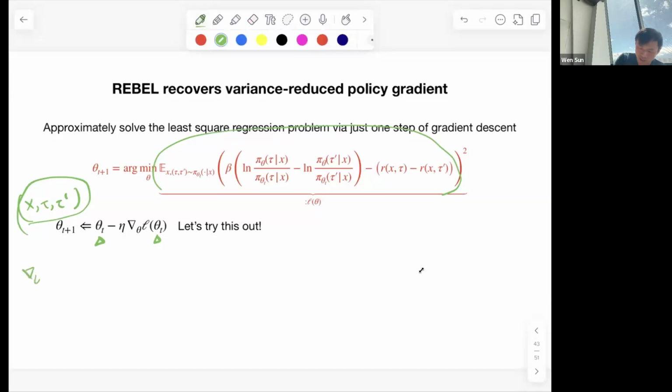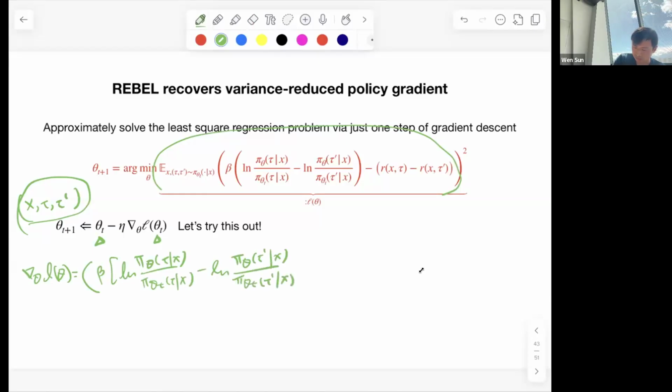So gradient theta L theta is just, first, the derivative of the square loss. So this is beta log pi theta tau given x minus beta log pi theta t tau given x, minus log of tau prime, minus r x tau minus r x tau prime.